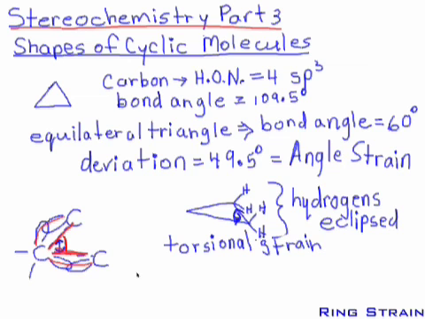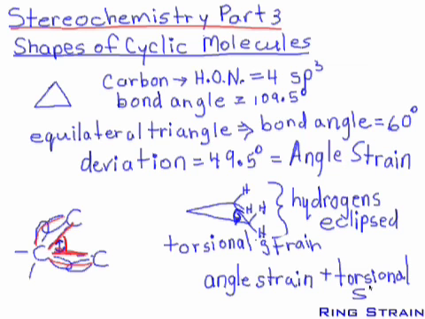If we take the angle strain, and we add with it the torsional strain, we get the total ring strain of the system. So ring strain is the sum, if you like, of angle strain and torsional strain.